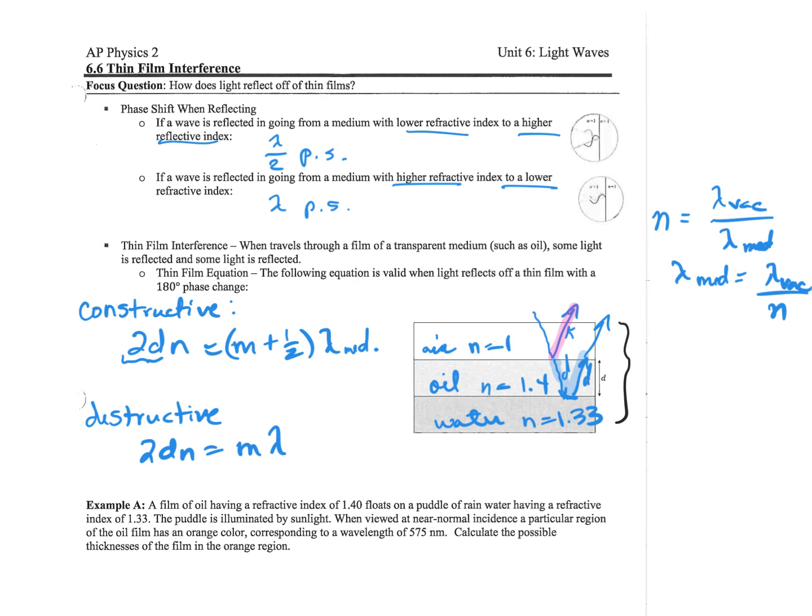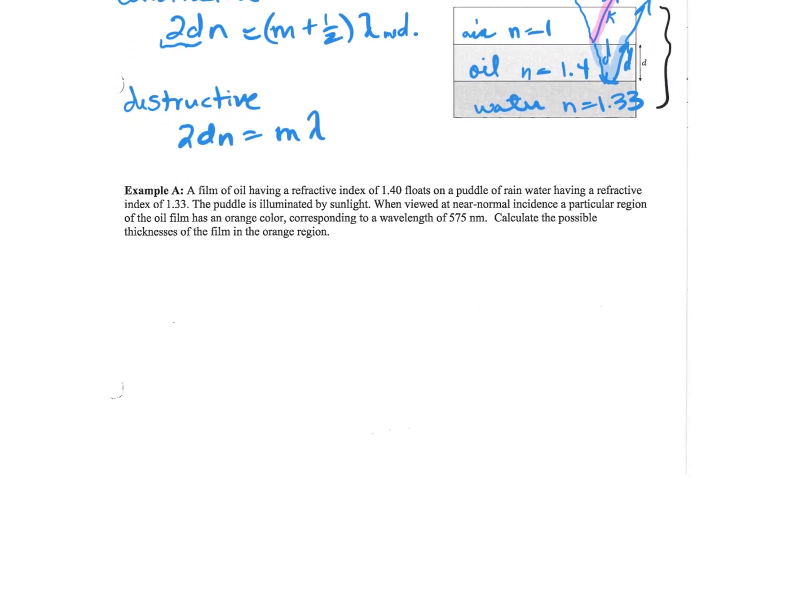All right, knowing these two things, let's look at this. We've got oil with a refractive index of 1.4 floating on a puddle of water with a refractive index of 1.33. The only thing we need to know is that it's one layer. We treat it as one phase shift, not two, because it's going from lower to higher to lower again.